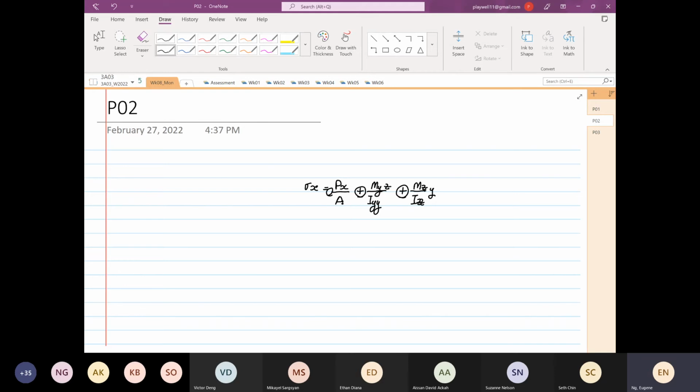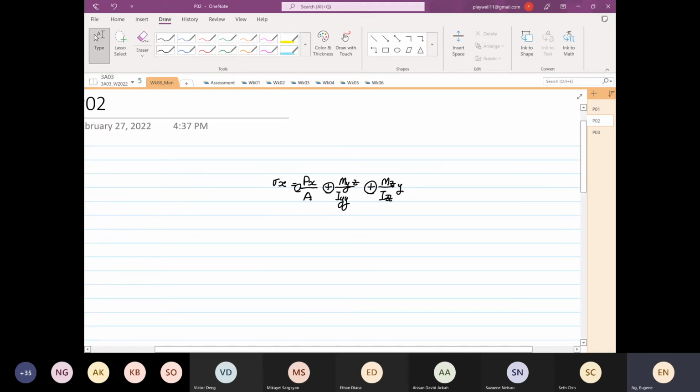So from here, we know that we have a distribution. If I were to sketch the distribution, this is our normal stress, and this is your Y or Z. This is just a sketch to show you a distribution, that the maximum is furthest away from the centroid.